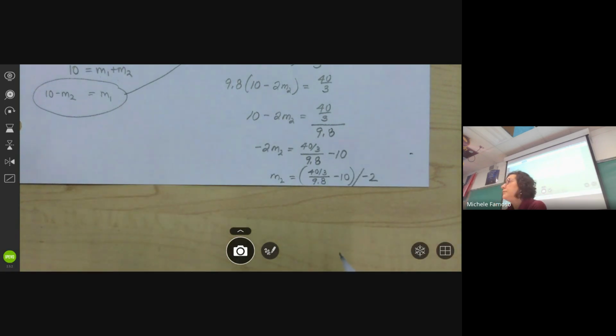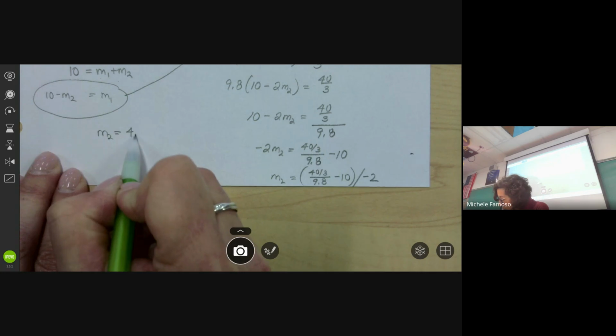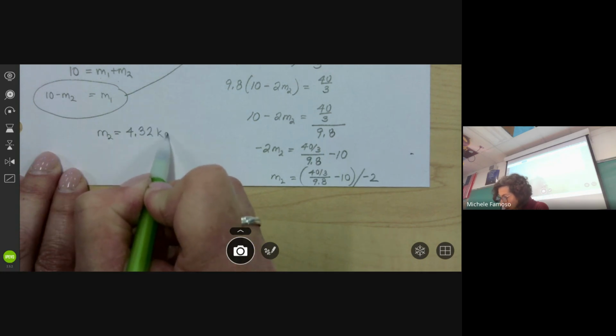All right, so go to your calculator, type that in. 40 divided by 3 divided by 9.8 minus 10, divide that whole thing by -2, tells us that mass 2 is 4.32 kilograms.